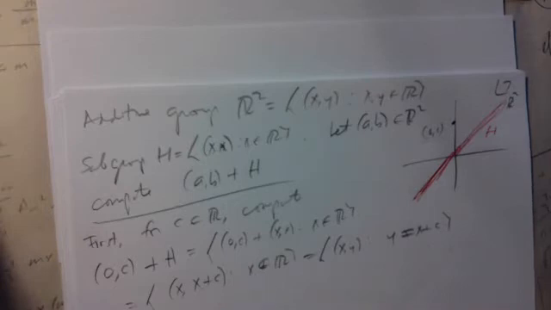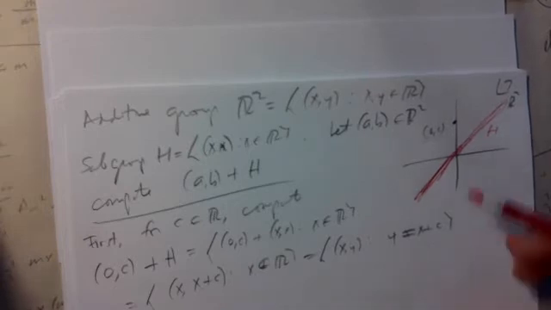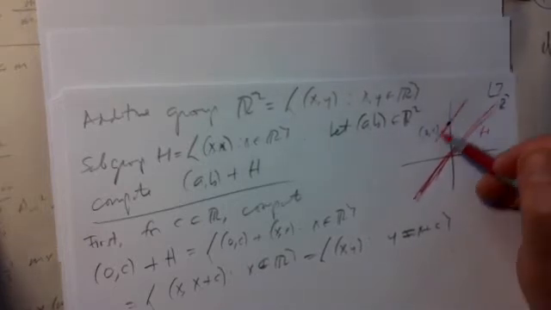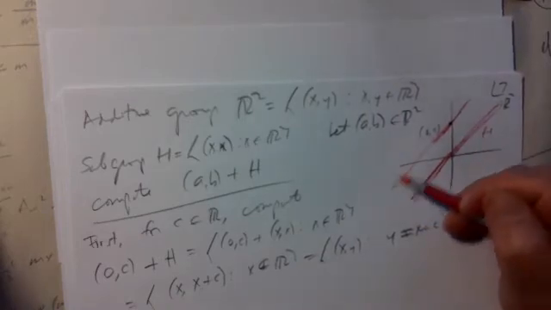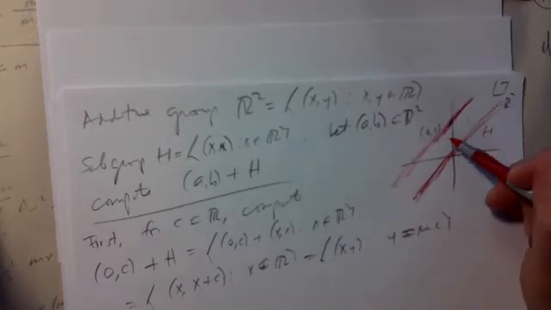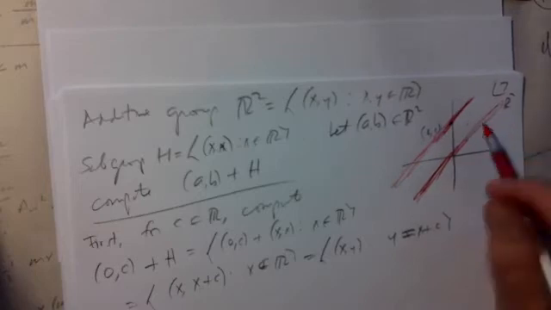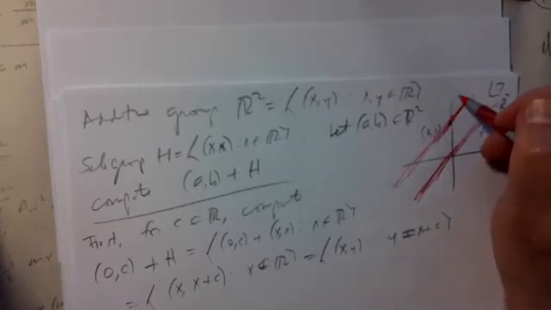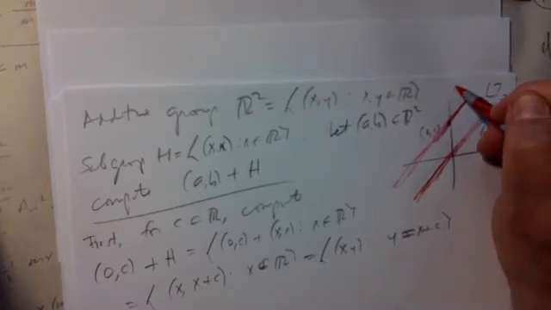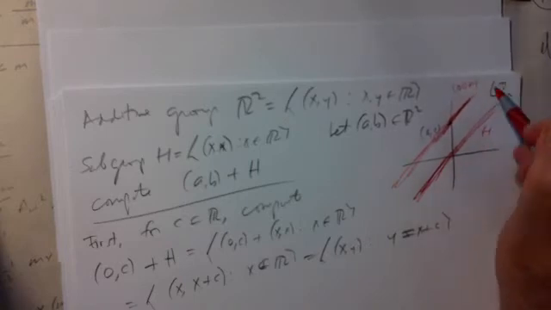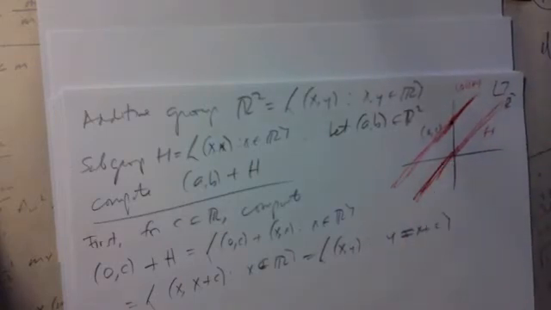That's what this coset is. And this is exactly the line with slope 1 and y-intercept c, so parallel to H. So this line is the coset (0, c) plus H.